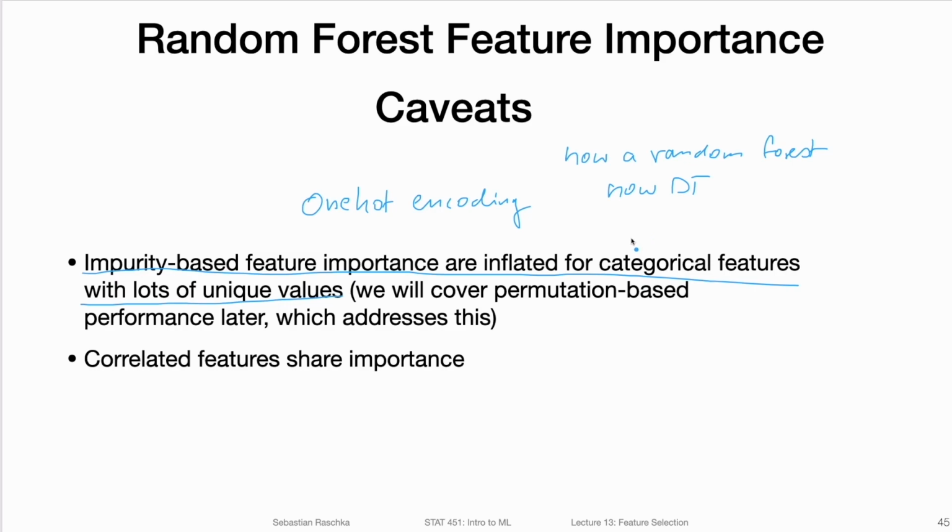So one thing is also if you have one-hot encoding where you have one variable that you split into multiple sub-variables, remember that in a random forest, we always select, by automatic settings, the square root of m features at each node. So if you have a lot of one-hot encoded variables, or one variable that becomes a lot of new variables, then there's a high chance that one of these variables is selected at each node.